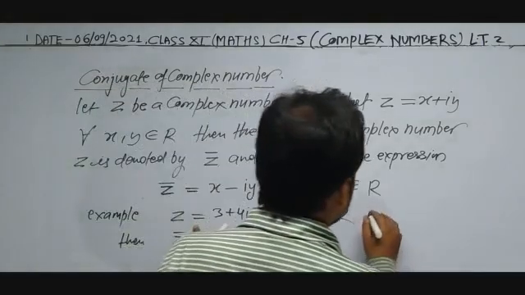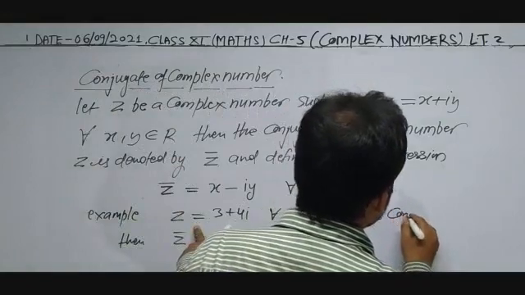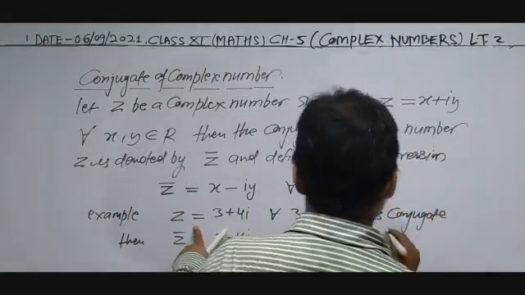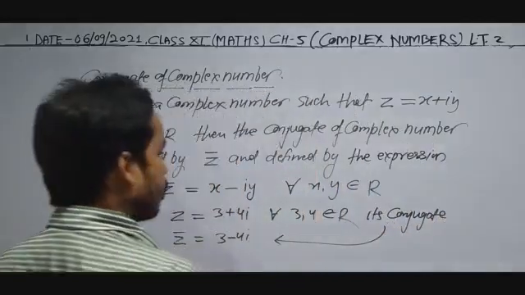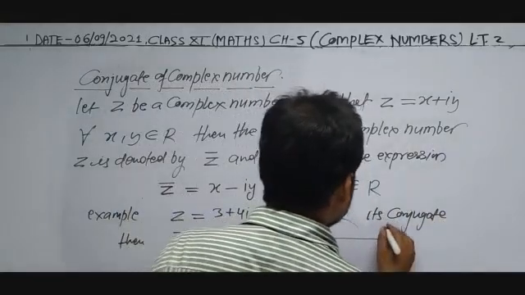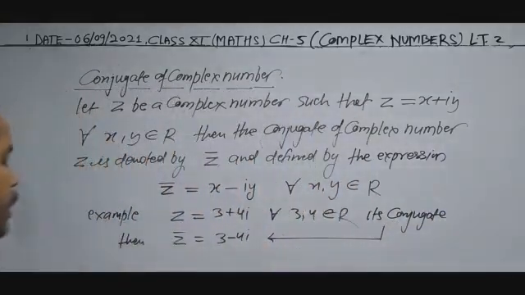Its conjugate is Z bar is equal to 3 minus 4i.